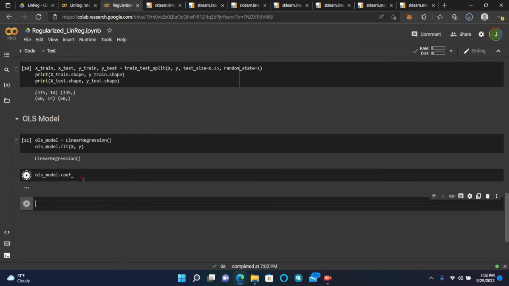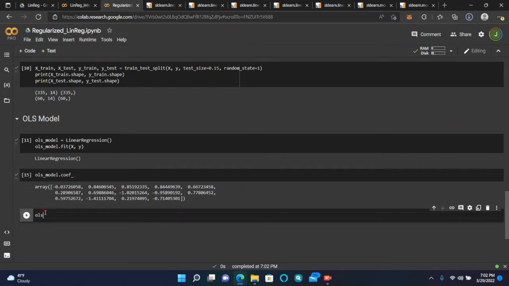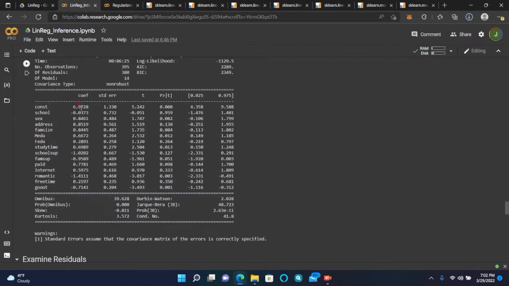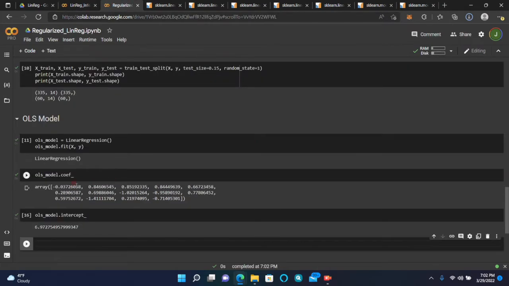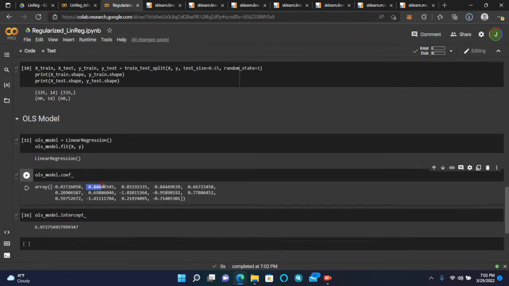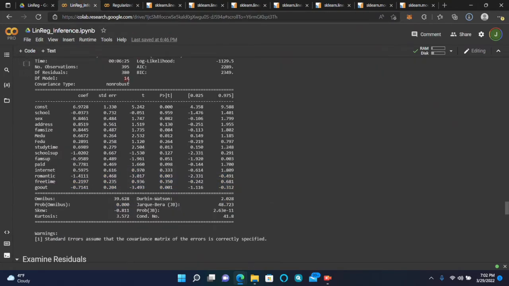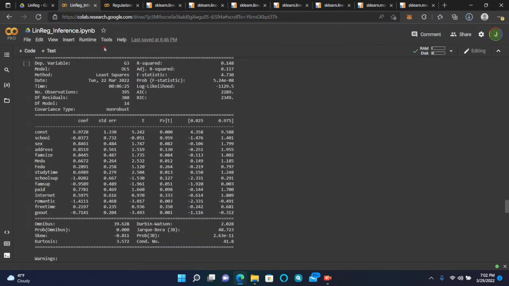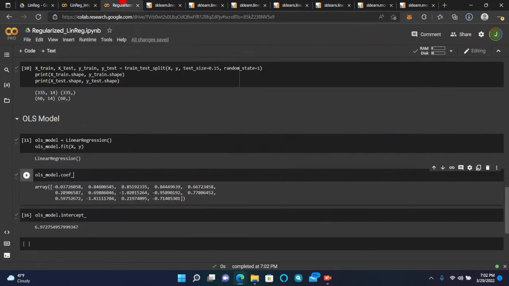So this is not telling us our intercept, okay? There's the intercept, 6.97, which it is here, negative 0.03, 0.84. All right, so this is giving us exactly the same coefficients. There is just no way to print it off in a nice table like we did with statsmodels earlier, even though it is exactly the same model because they're both fit using ordinary least squares.